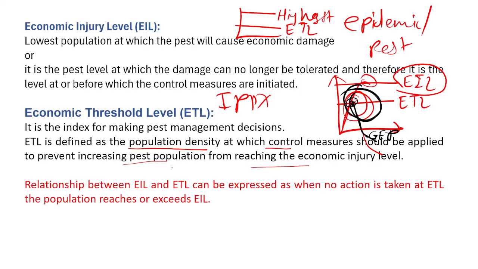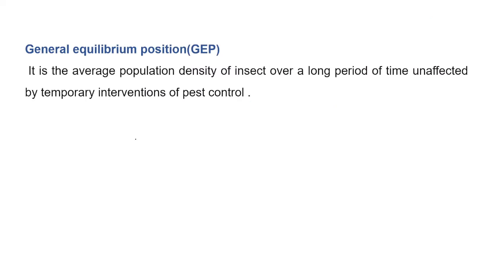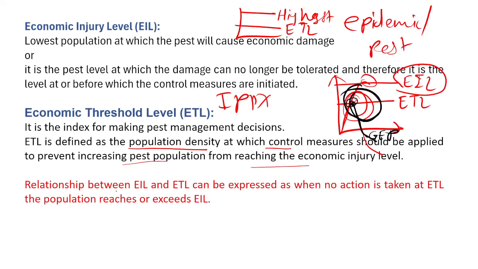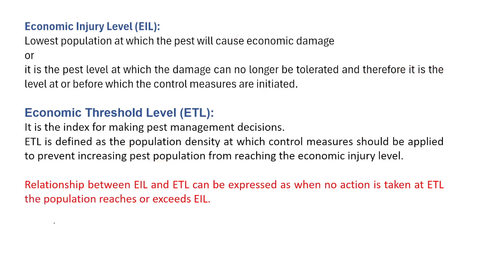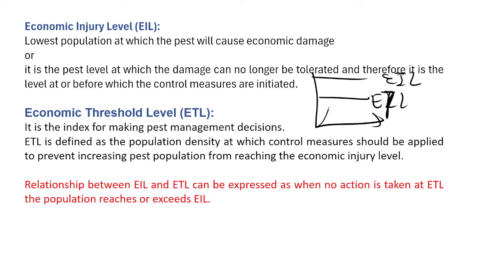But from this point we can say that the relation between EIL and ETL can be expressed as when no action is taken. Here it is EIL and it is ETL.